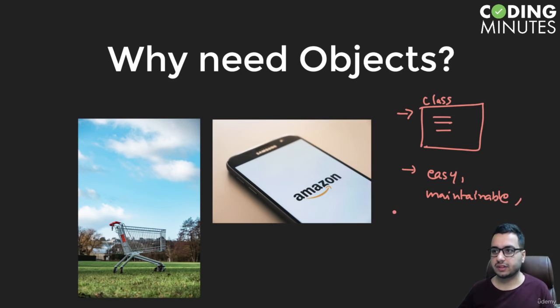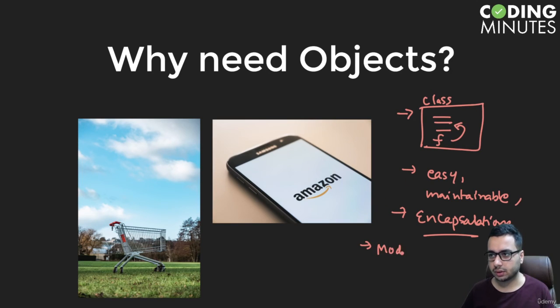One very important feature of object oriented programming is encapsulation. Encapsulation ensures that the data and the functions which operate on this data are in the same class, and this ensures modularity of the code.